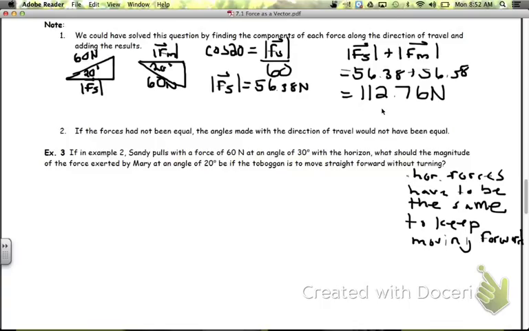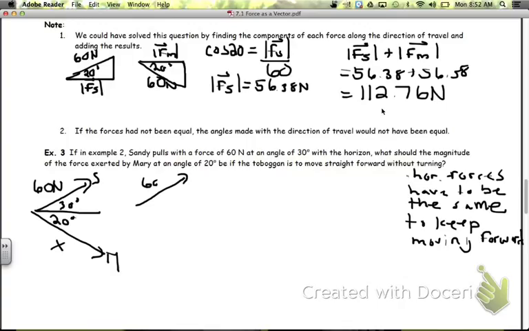So let's visually draw this. We have our force here by Sandy at 60 newtons, making a 30-degree angle. And here we have still our 20-degree angle, and this is with Mary. And this side here is unknown, so we're going to call that x. So I could redraw this. Remember, when we're adding vectors, tip to tail.